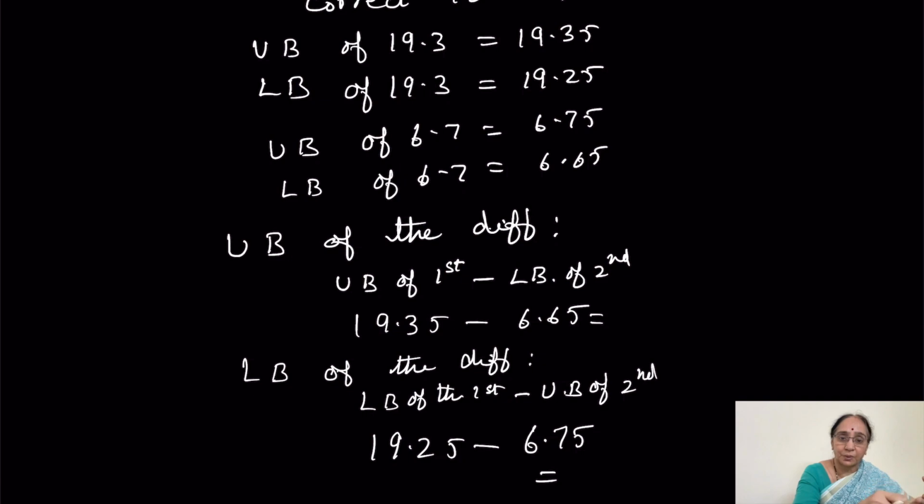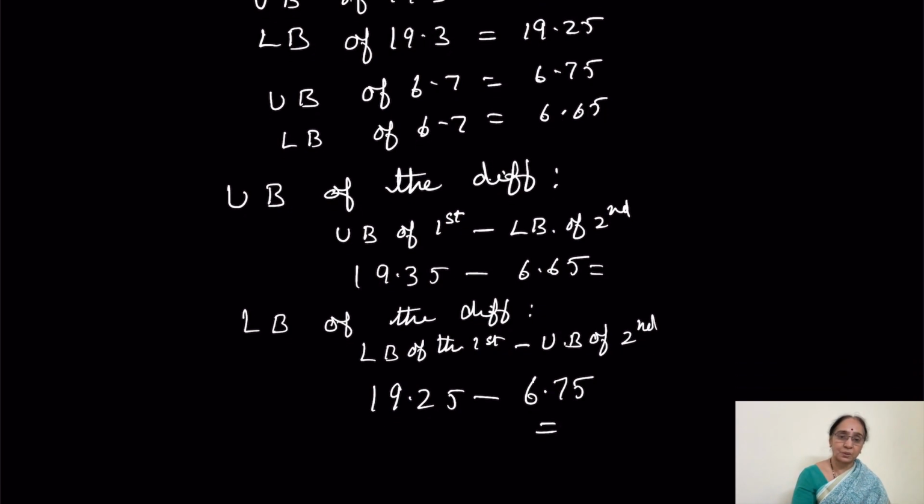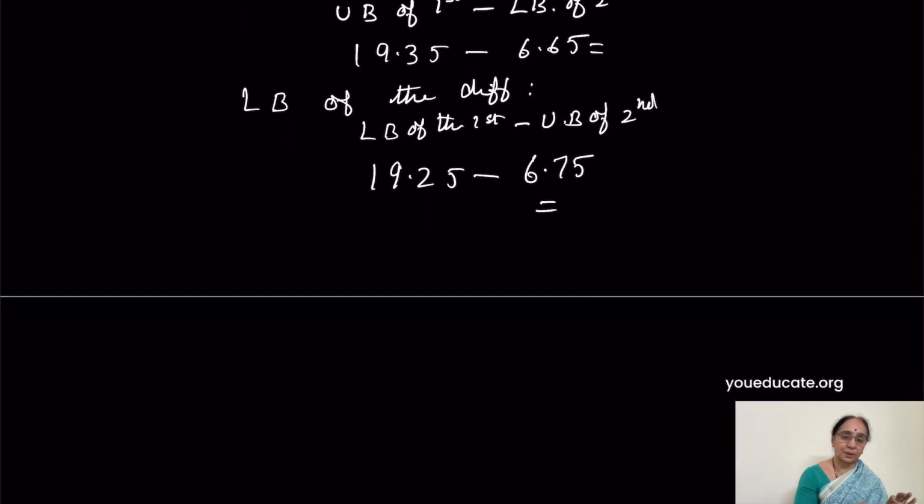For upper bound, you have to give the lower bound of the second number and vice versa. Similarly, for division, the one that is in the denominator, you will have to switch. If you want the upper bound, you give the lower bound of what is in the denominator and vice versa. So be careful while you calculate the upper bound and lower bound of these complex problems.